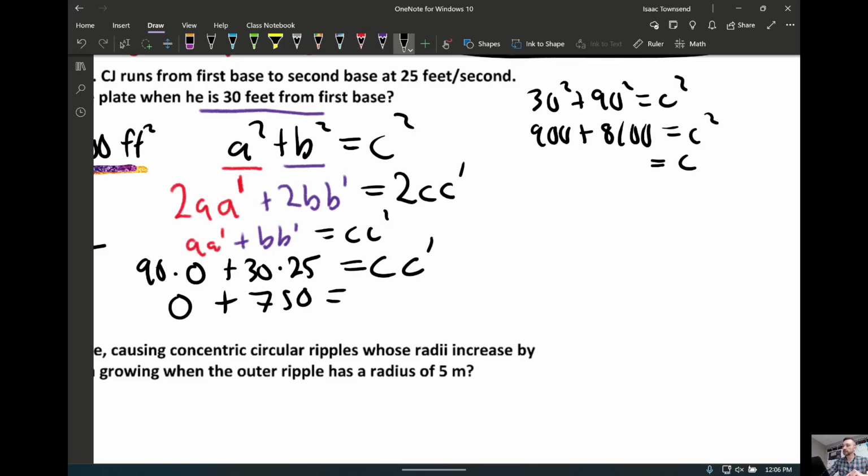So C is the square root of 9,000. And what times what gives us 9,000? 30. 30 times 30 gives us 9,000.